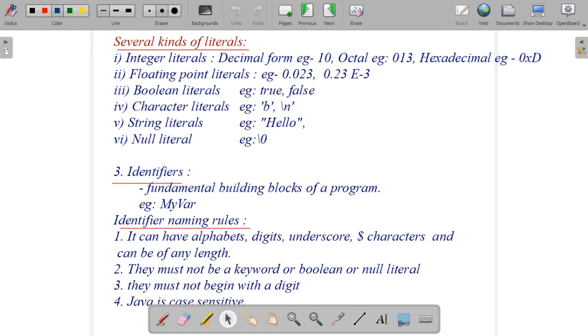Next one, they must not begin with a digit. We can use digits, but the identifier must not start with a digit. It can be of any length, and Java is case sensitive. You know what case sensitive is, right? Yes, uppercase letters and lowercase letters are treated differently. That is known as case sensitive.